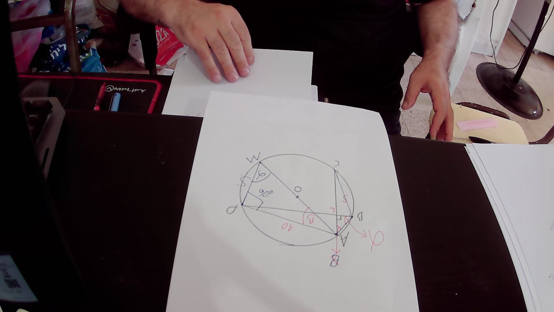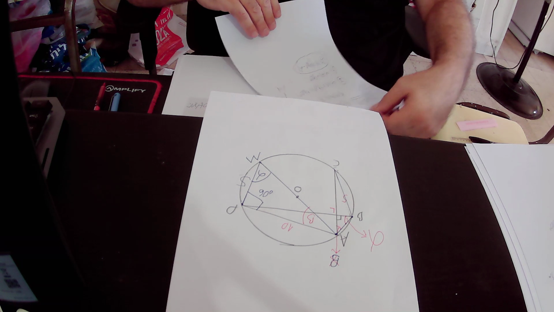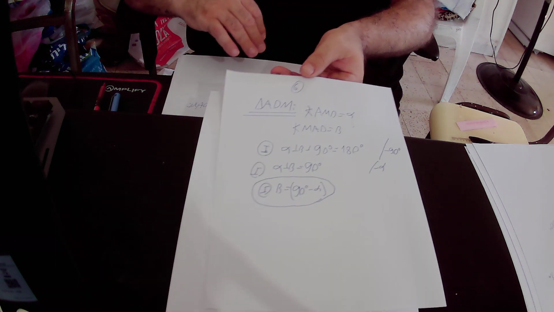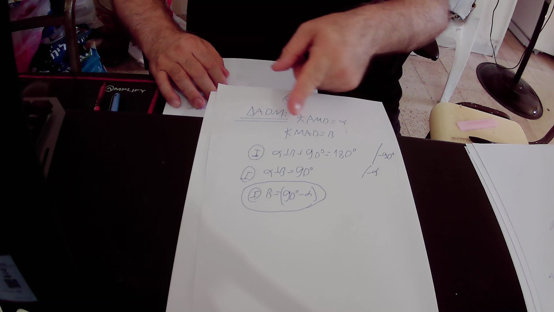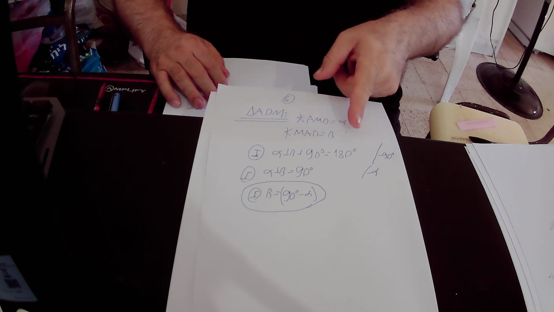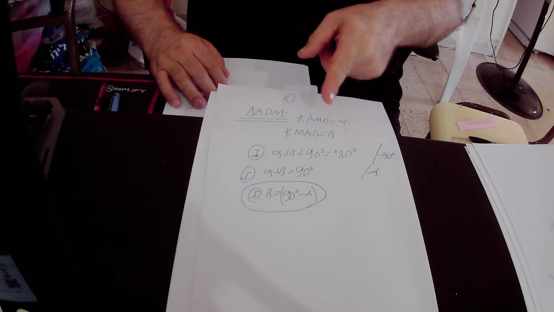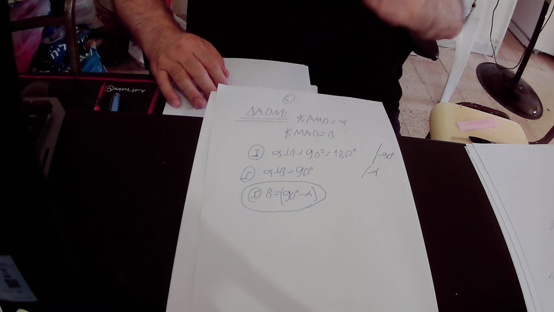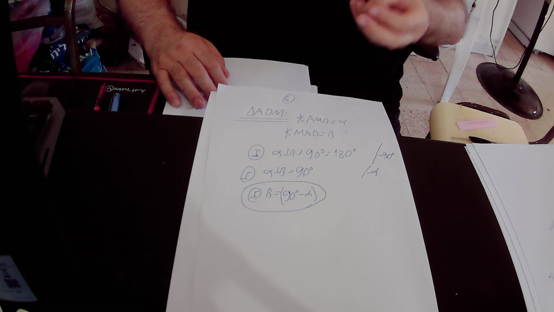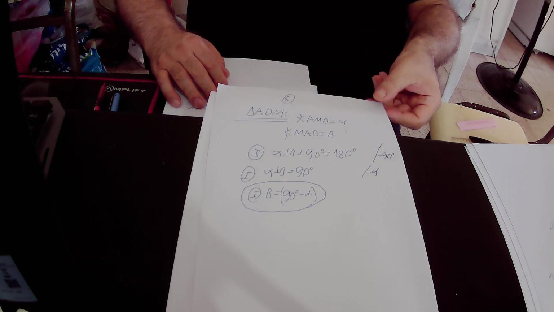So we can write down equation number 1 that states that the sum of the angles in the right triangle ADM equals 180 degrees. That is to say, alpha plus beta plus 90 degrees, that is the sum of the angles in the right triangle ADM, equals 180 degrees.